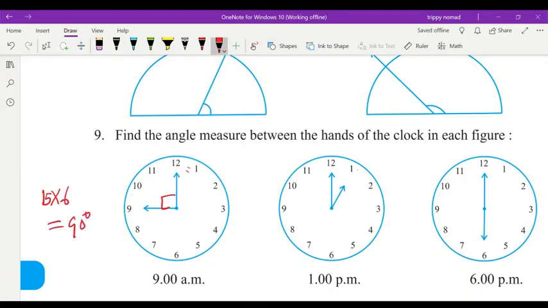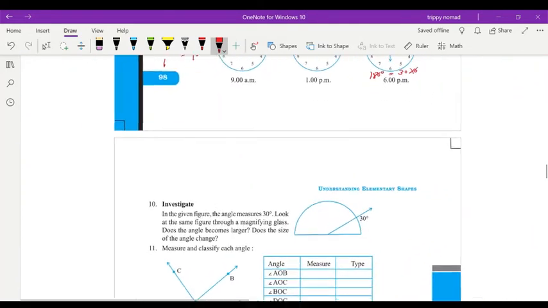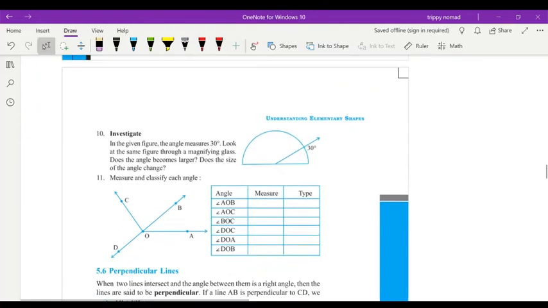And here how many minutes? 5 minutes. Then what will be the angle? In 1 minute 6 degrees, and in 5 minutes 30 degrees. And here that is a straight line, that means 180 degrees. Another way, how many minutes? 30. 30 into 6, that is also 180. So this is the way to calculate the measure of angles subtended.